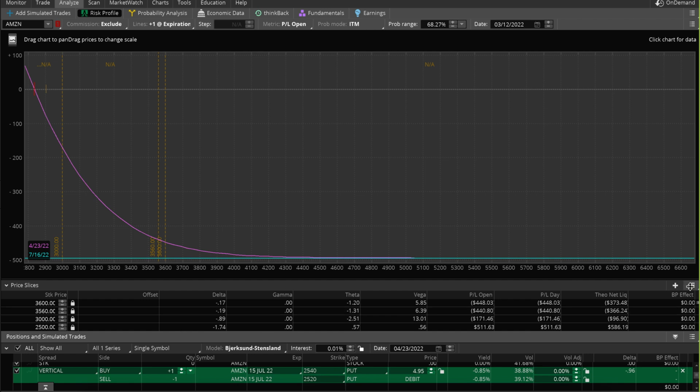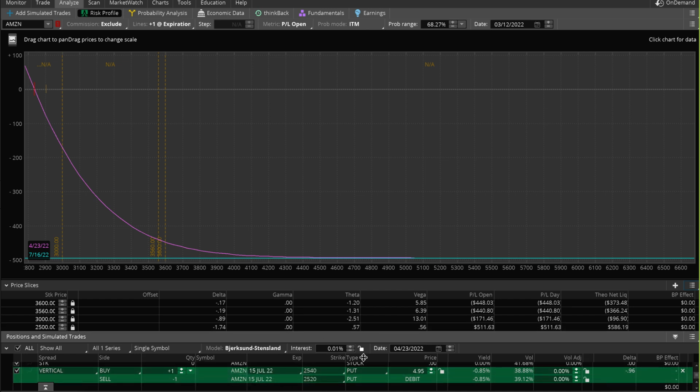Now, in order for us to make our max profit potential at expiration date, that will require the price being below both of these strike prices. That's how we will receive the maximum profit potential.